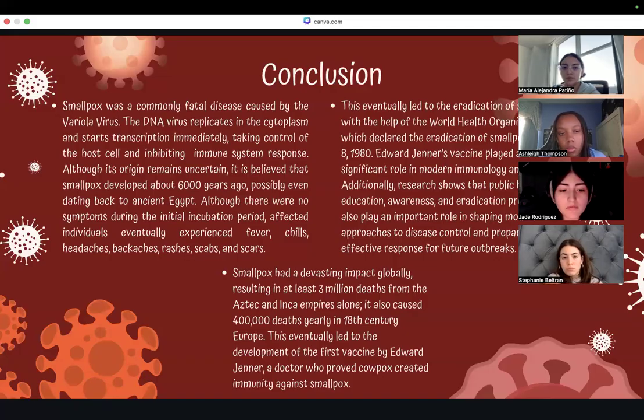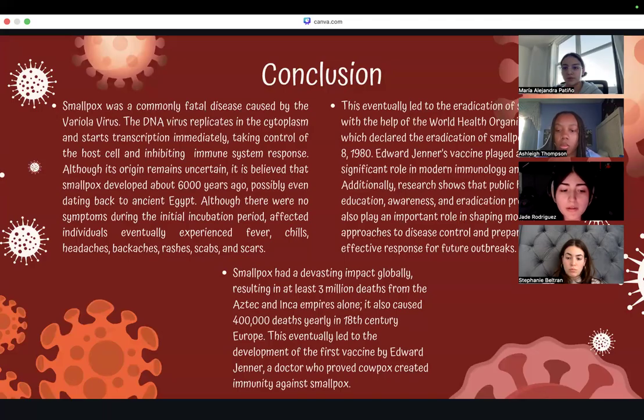Although its origin remains uncertain, it is believed that smallpox developed about 6,000 years ago and possibly even dates back to ancient Egypt, as scientists hypothesize that scabs found on the mummy of Pharaoh Ramses V could potentially be evidence of smallpox.